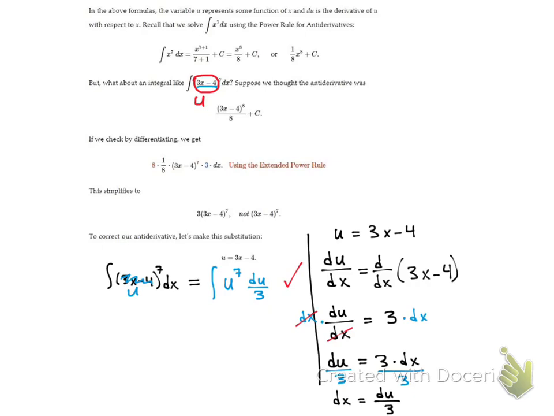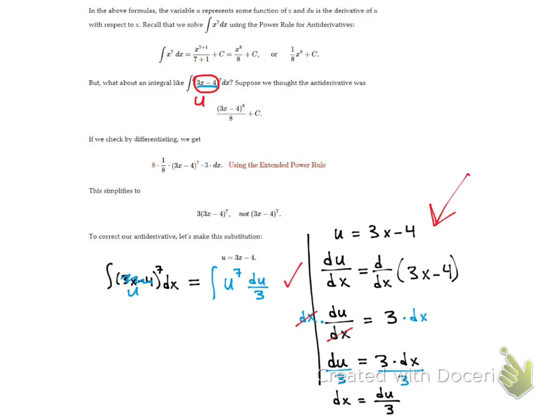The thing that was missing before was that dividing by 3, and I found out what that was by doing this analysis over here. I took the derivative of u, and that gave me the opportunity to solve for dx, because I had those differentials as a result of taking the derivative of u with respect to x.